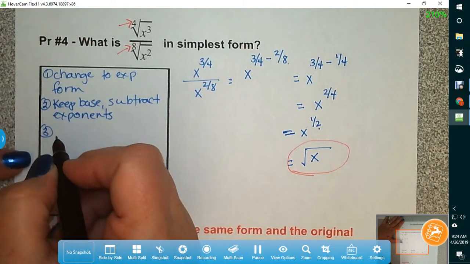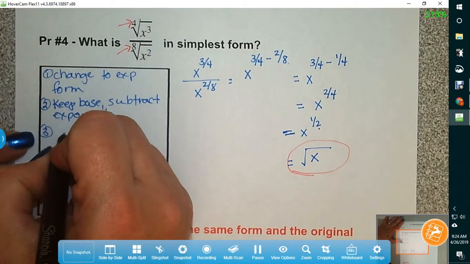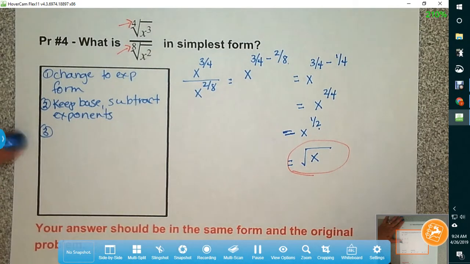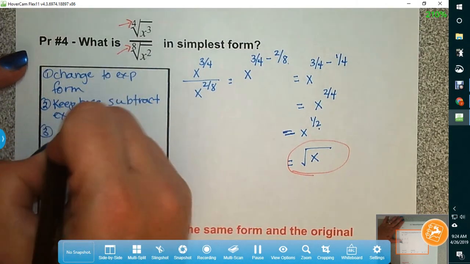Step 3 would be to simplify the fractions or get common denominators.